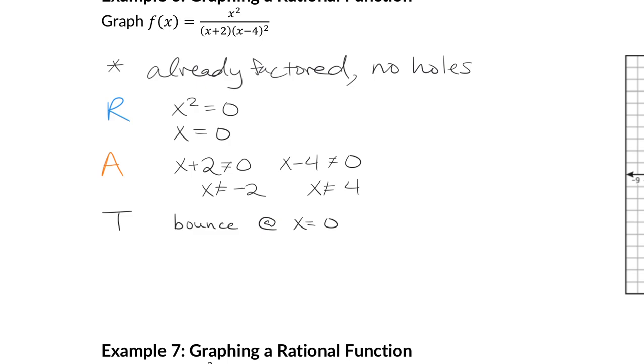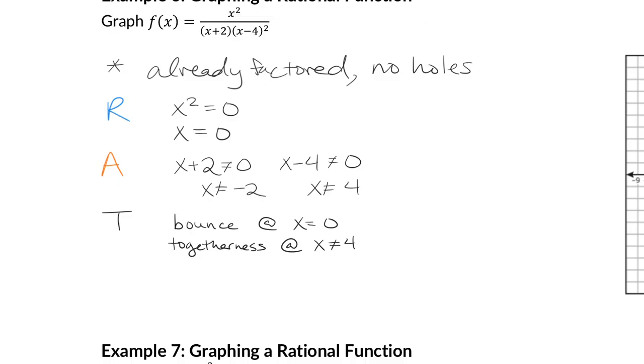Are there any squares in the denominator? Oh, wait, I didn't see that x minus 4 is squared, right? Which means we are going to have togetherness at the vertical asymptote, x is not equal to 4. We're going to have a bounce at 0 because it's squared. We're going to have togetherness at the vertical asymptote at 4 because of the square.